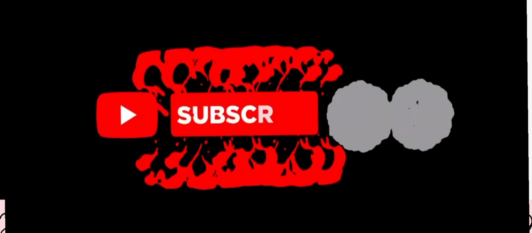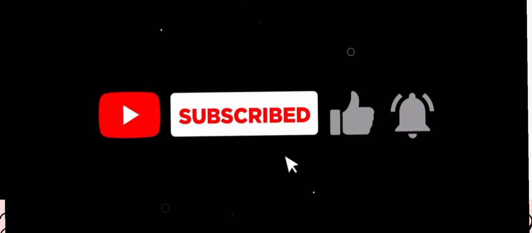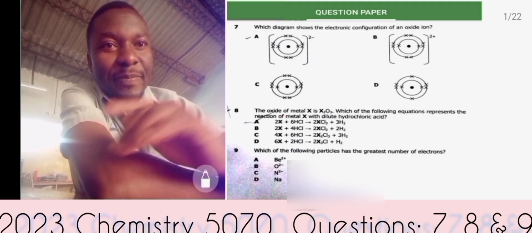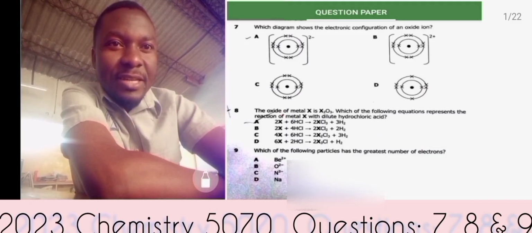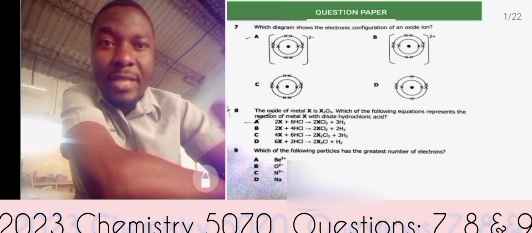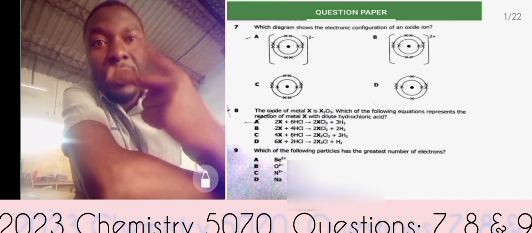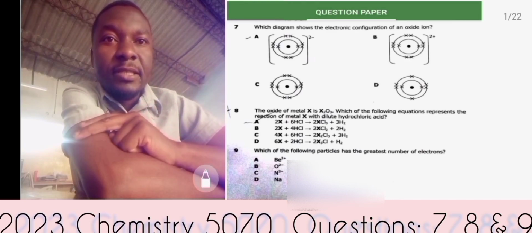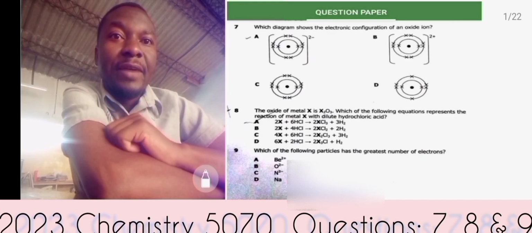I want to believe you paused and you have your answers. Let's now answer together, starting with number 7. Number 7 reads, which diagram shows the electronic configuration of an oxide ion? An oxide ion is an ion formed when oxygen gains its 2 required valence electrons.